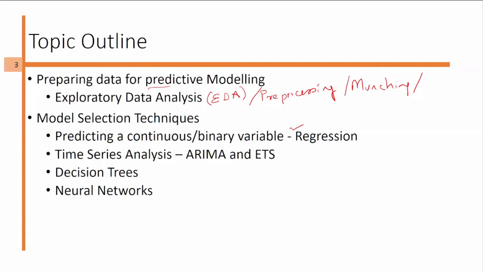If you have a time series, then which modeling technique you should use. And these two techniques, decision tree and neural networks, are common for both. This is more or less a generic framework for both continuous as well as binary variables.